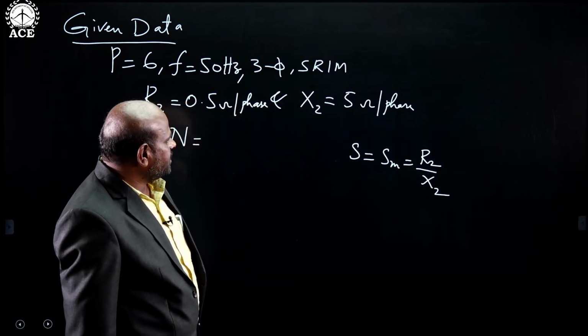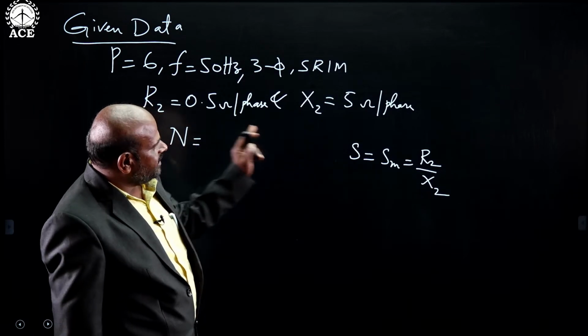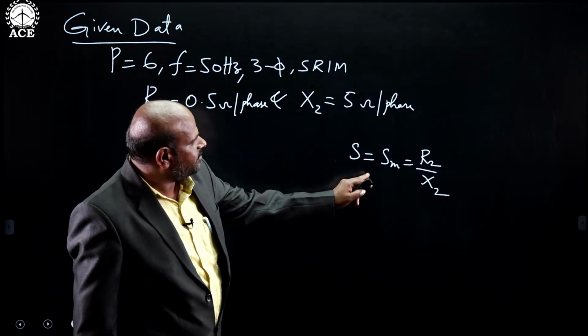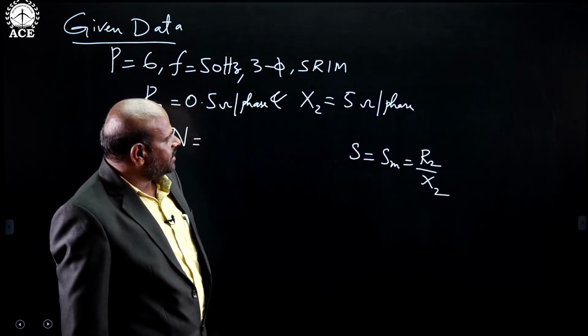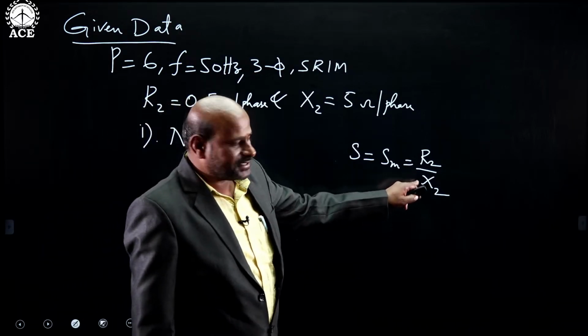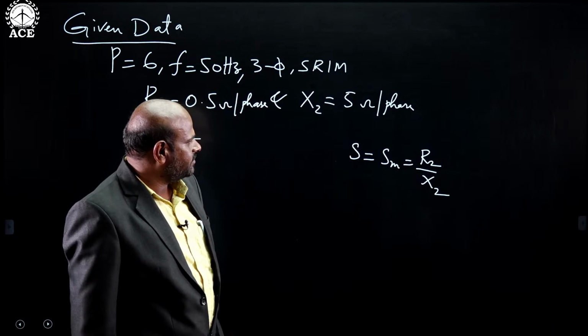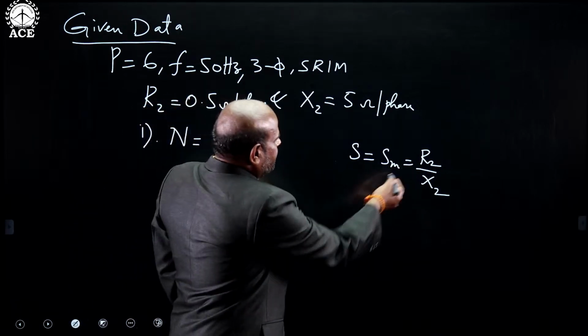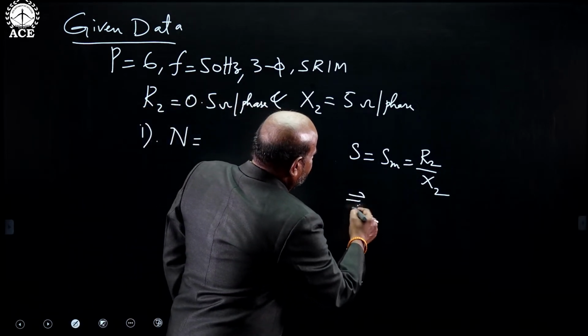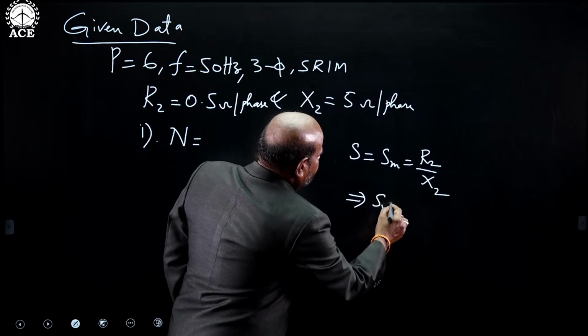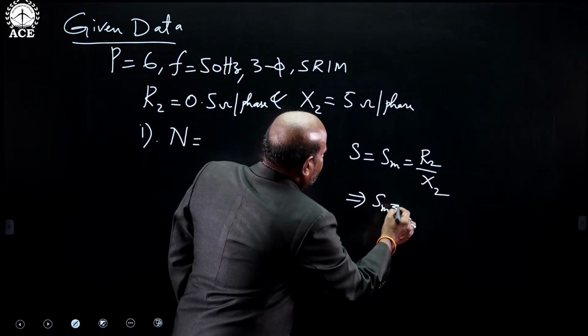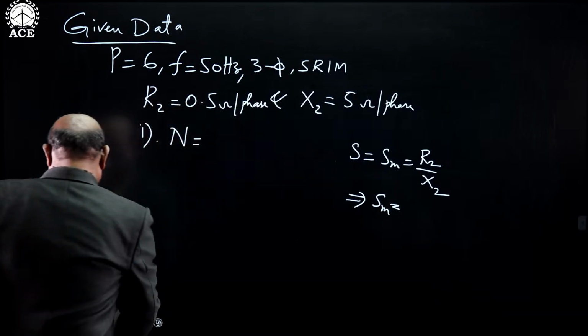He is asking the speed at which the maximum torque occurs. Generally, maximum torque occurs at a slip of R2 by X2. That is the maximum slip. So, S max is equal to R2 by X2.